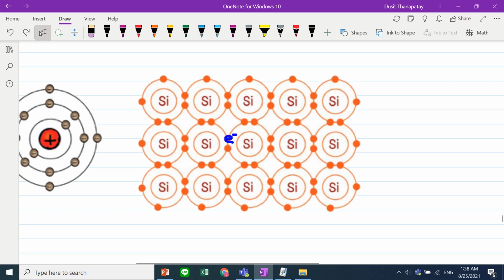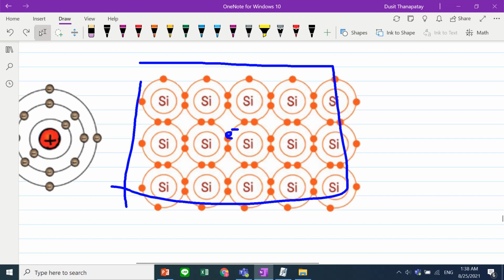For the electrons in the bond, normally an electron cannot move freely to any place in the crystal. That means there is no free carrier in the crystal, so under normal conditions a silicon crystal cannot conduct current.